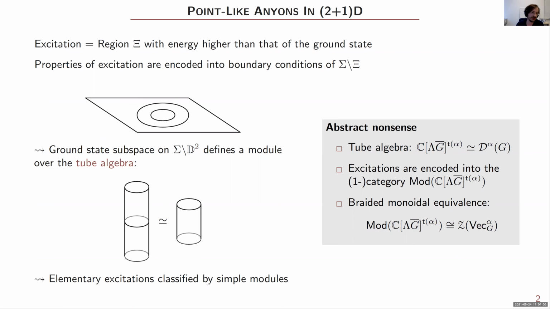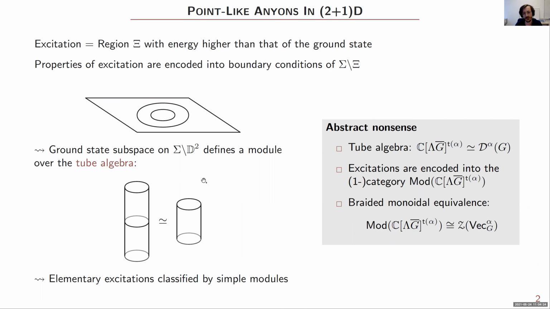And the algebra, which is often referred to as the tube algebra, is essentially the algebraic analog of another topological operation, which is that the gluing of 2 cylinders is diffeomorphic to another cylinder. And at the end of the day, we find the elementary point-like excitations as the simple modules over this algebra.